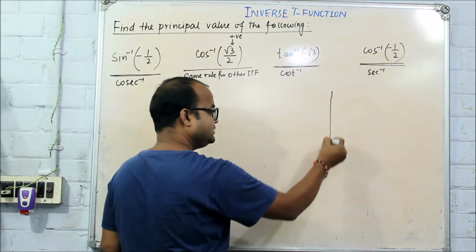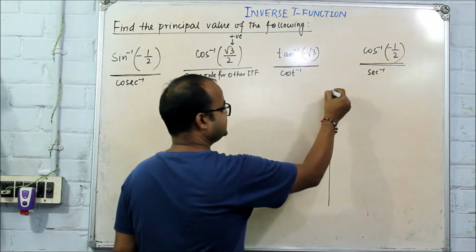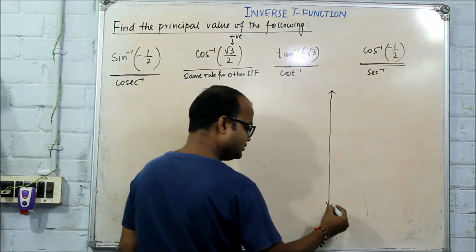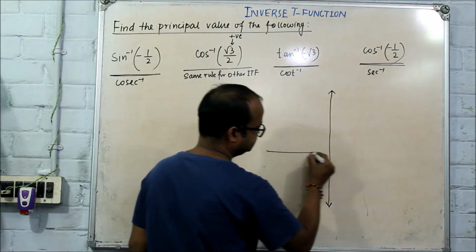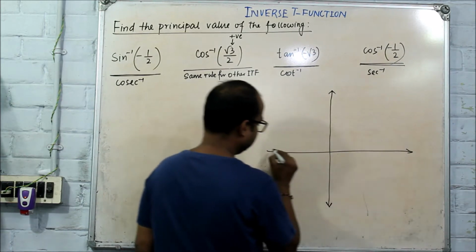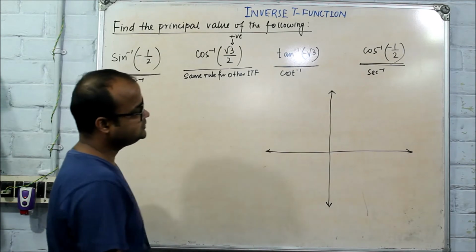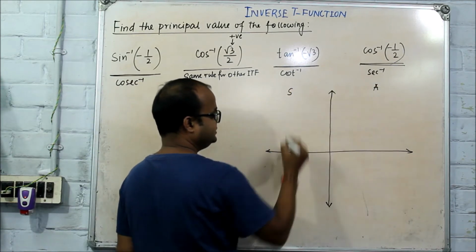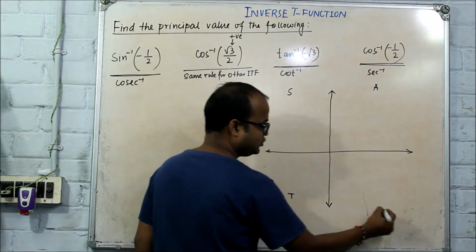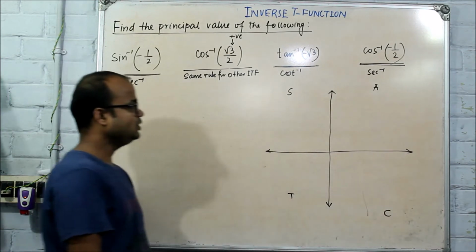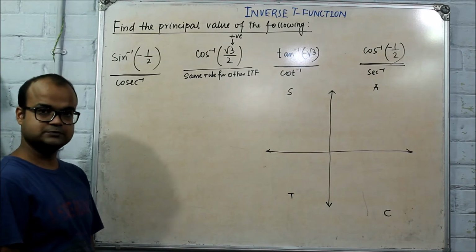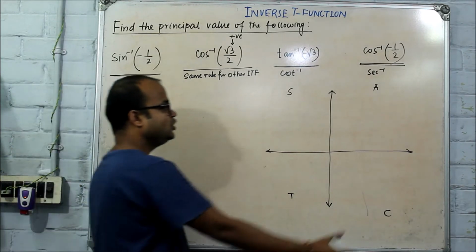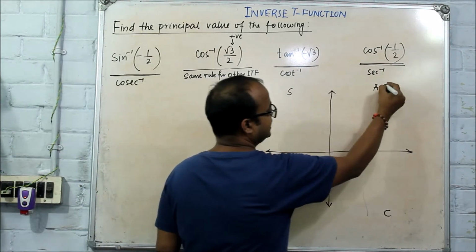Now, before I start discussing one by one, let us discuss some basics of trigonometric functions. This is the fourth quadrant. All, sine, tan and cos. So you know here all the trigonometric ratios are positive.